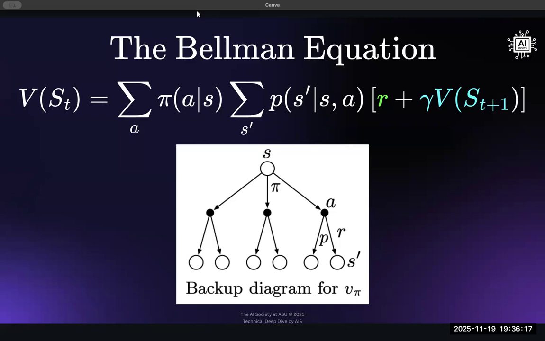The value at the state at time t depends on the value of the state at time t plus one, so we calculate that value in order to get our current value. Then this would just go on the left, and we would keep going until the terminal time. Does that make sense?